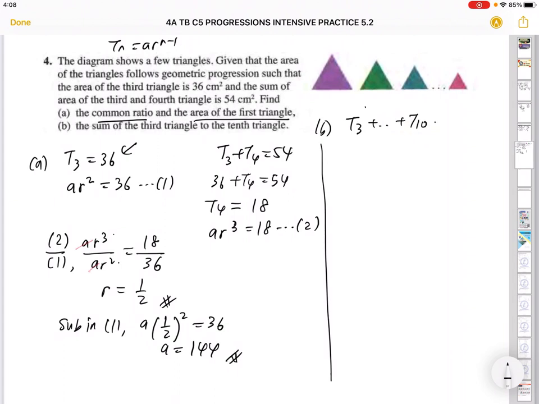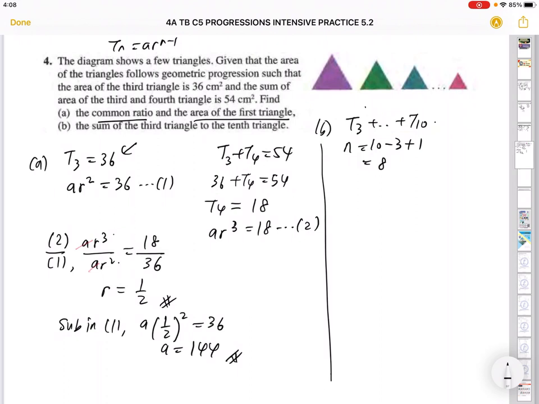We should take 10 minus 3, but always remember to plus 1. If you use your finger, 3 to 10, how many numbers? You cannot say 10 minus 3 equals 7. You always have to plus 1. They are 8 numbers, right?